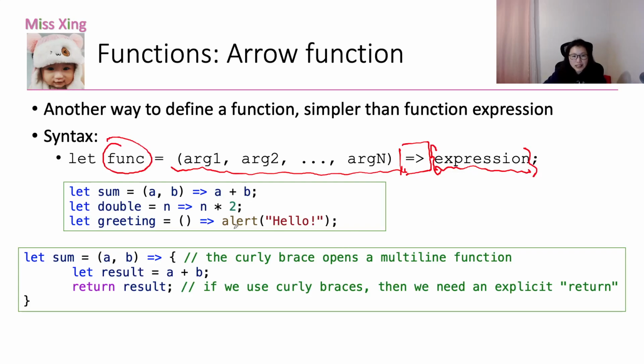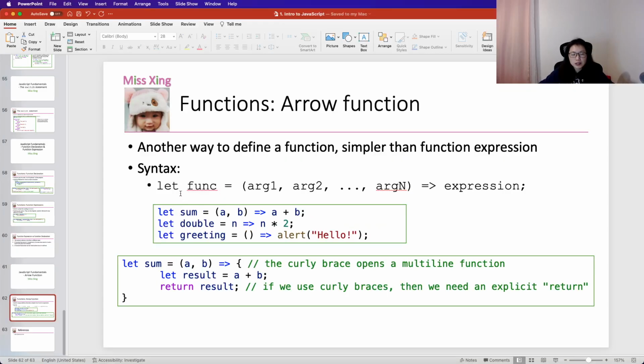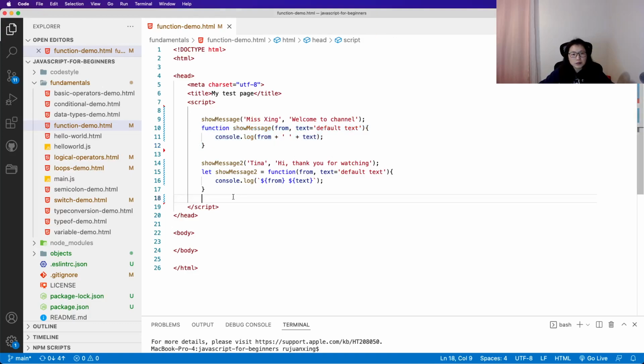I will show all the examples from the code instead of doing something here, okay? Let's see all of them here. Now let's take a look at our IDE. Probably I don't have an arrow function demo here. I forgot to write it.